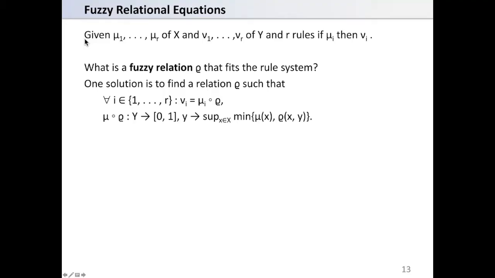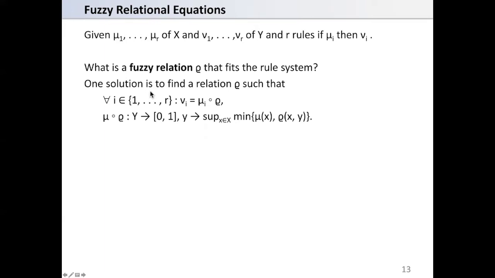Assume that we are given membership functions mu 1 up to mu r of x and nu 1 up to nu r of y, and our rules in the form if mu i then nu i. Then it is required to find the fuzzy relation rho that fits the rule system.